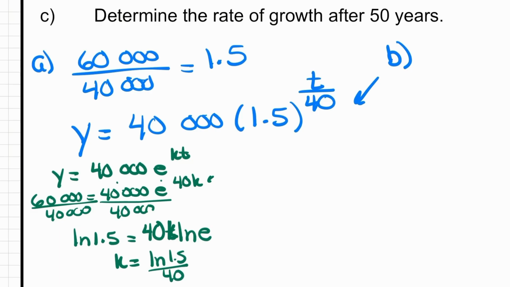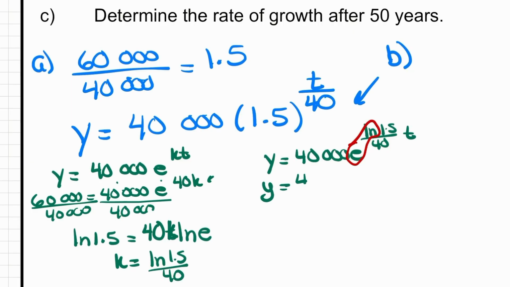So if we plug that back into our original equation of y equals 40,000 e raised to the power of ln 1.5 over 40 times t, remember, the e and the ln are inverse operations. They're going to cancel each other out.